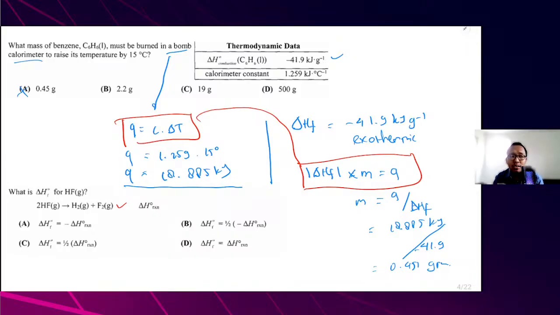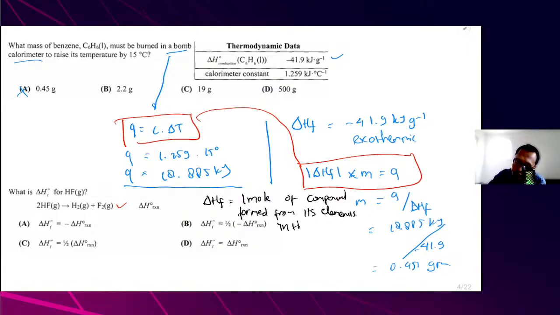The key concept is that the standard enthalpy of formation, ΔHf, is for 1 mole of compound formed from its elements in their standard states.